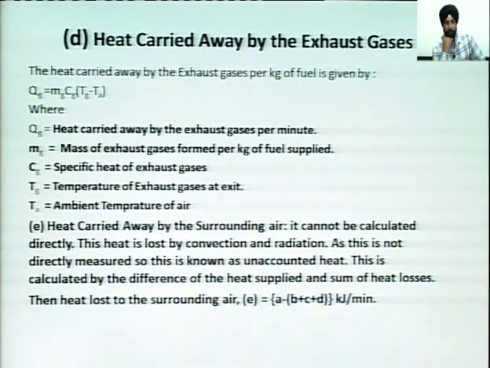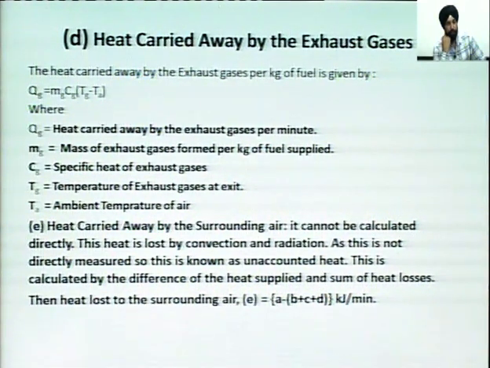Tg, the temperature of the exhaust gas, is measured by a thermometer inserted in the silencer, or at the exhaust in a pocket made in the exhaust. Cg is the specific heat of exhaust gases, taken in kilojoule per kg Kelvin, and mg is the mass of exhaust gases, as I told you earlier. Qg is the heat carried away by the exhaust gases per minute.